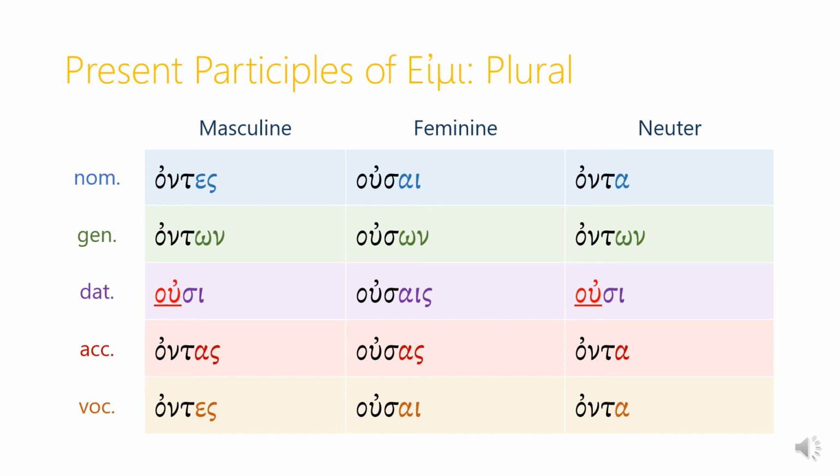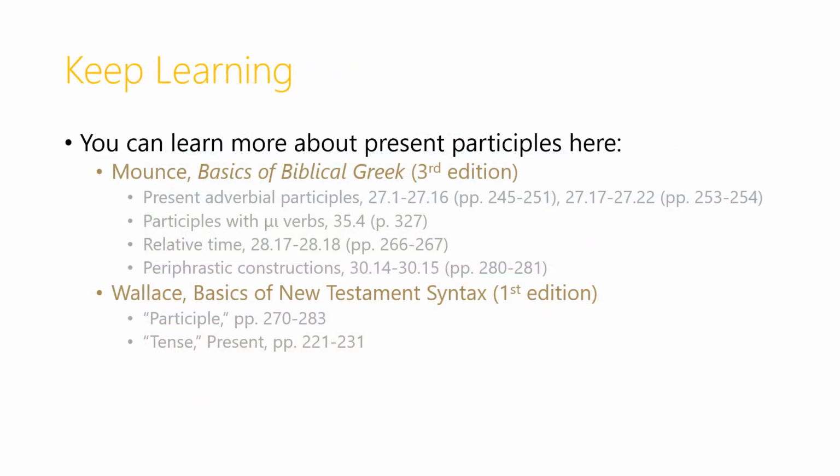But that is the same thing that happens with any present participles in the dative plural. And so, again, none of this is new forms to remember. You can learn more about present participles in Mounce's Basics of Biblical Greek and in Wallace's Basics of New Testament Syntax.